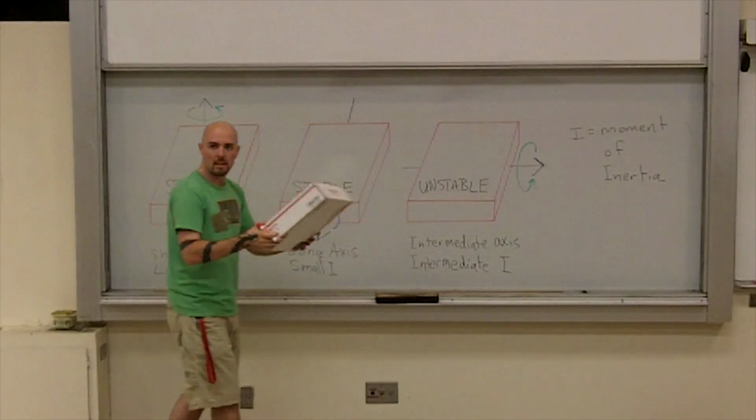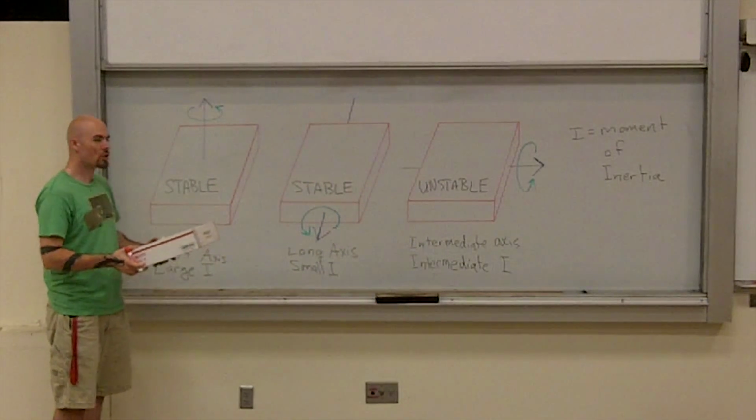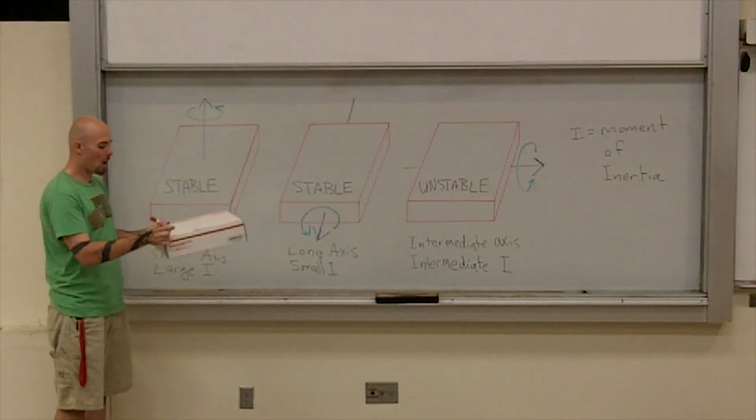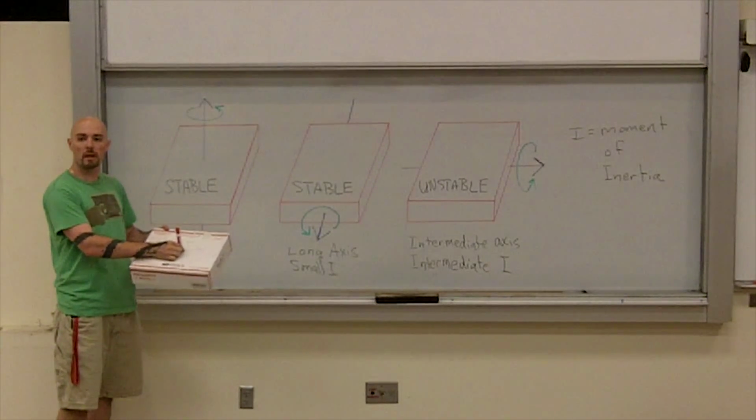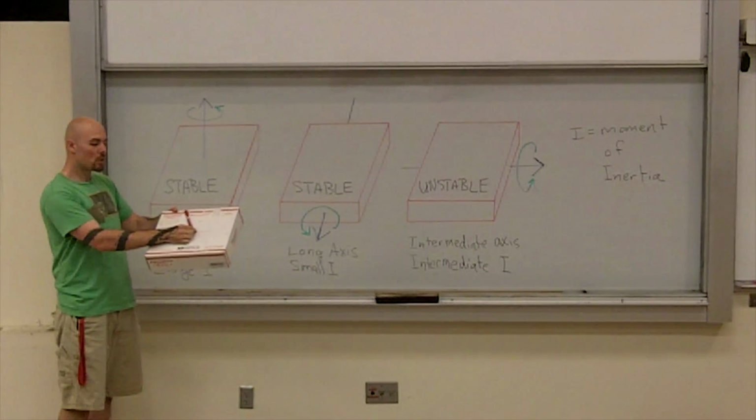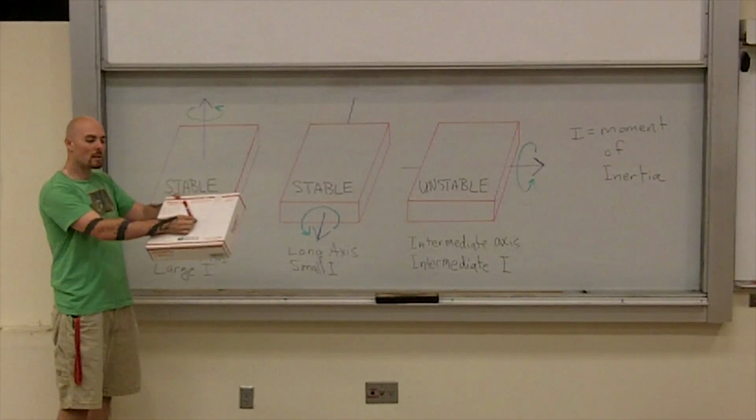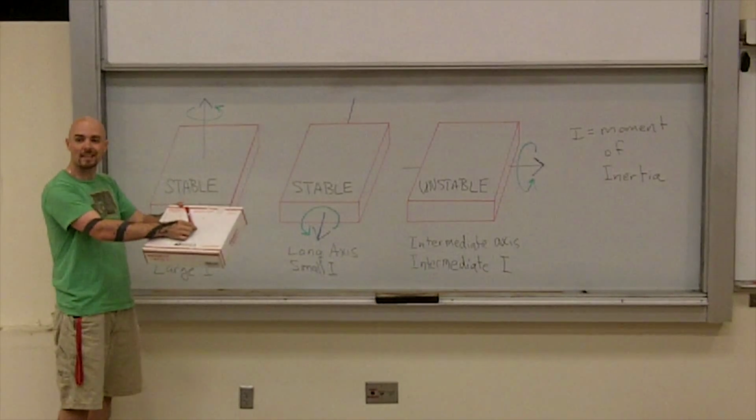As we make this object rotate about its short axis, having the large moment of inertia, if we were to rotate it perfectly around this axis, it would maintain a perfect rotation. But if we were to deviate slightly, it would have a wobbling effect that would wobble around that same central point.